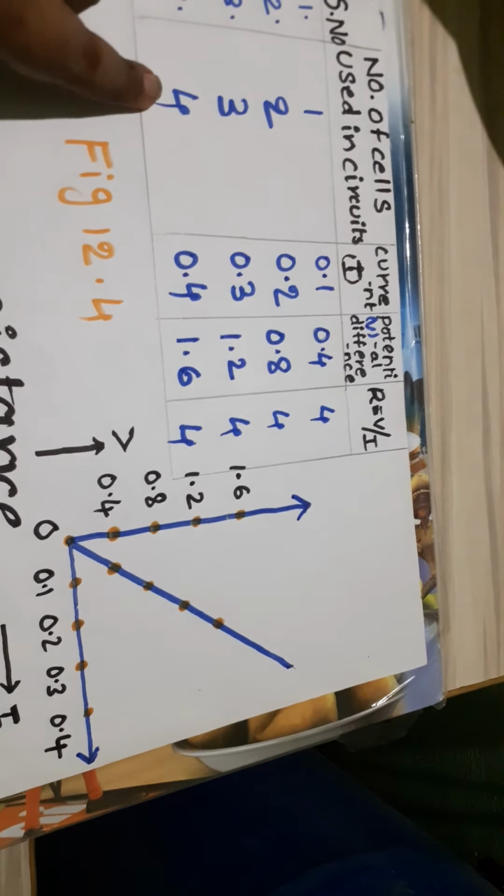So resistance R is constant. When I increase the current 0.1, 0.2, 0.3, 0.4, the potential difference 0.4, 0.8, 1.2, 1.6 automatically increases. Resistance R remains constant. So that is Ohm's law.